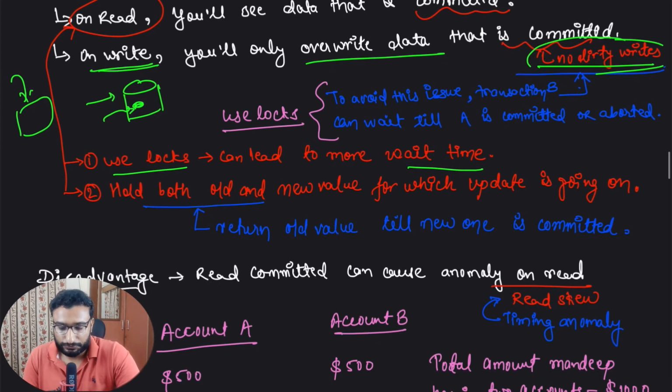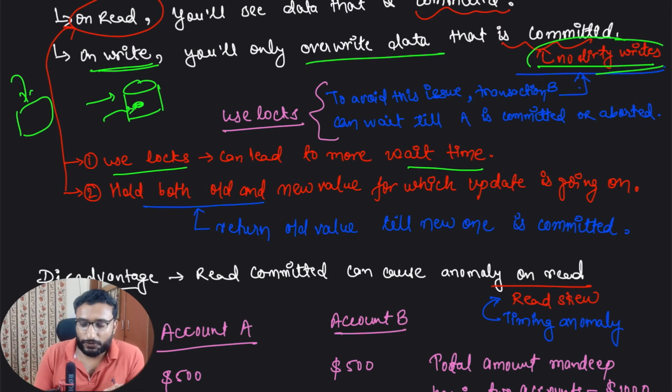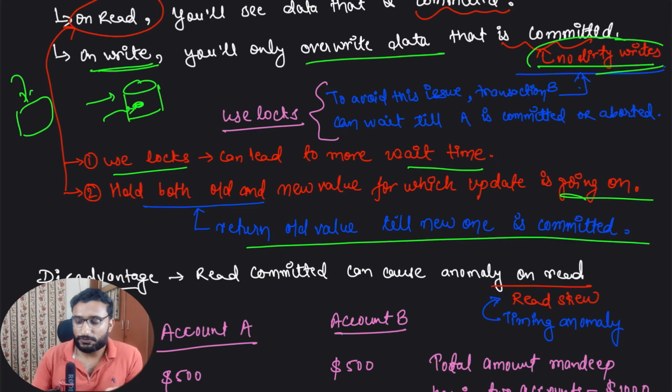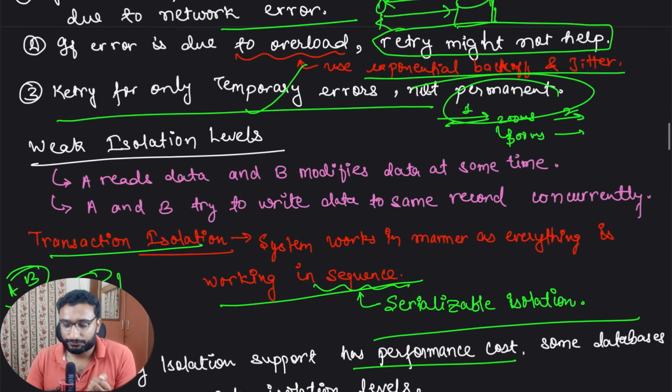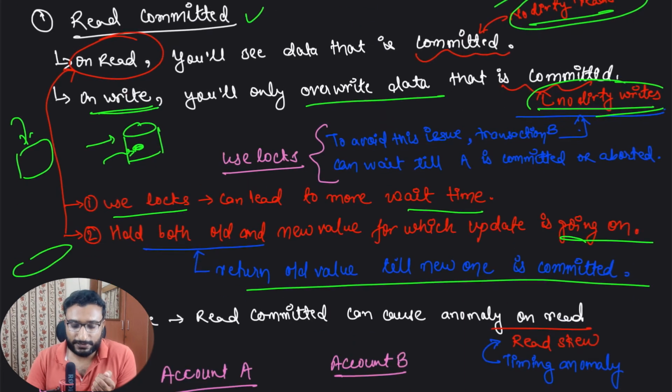So there is another solution in case of reads. You can hold both old and new values for which the update is going on, and you can return the old value till the new one is committed. ठीक है, एक database की entry है, let's say this is your database, and let's say my k equal to 3 and value is 5.